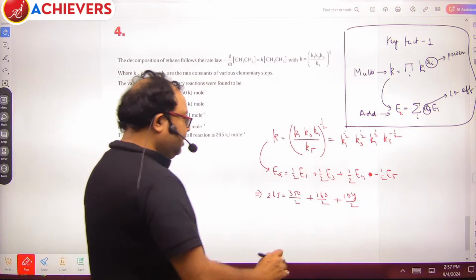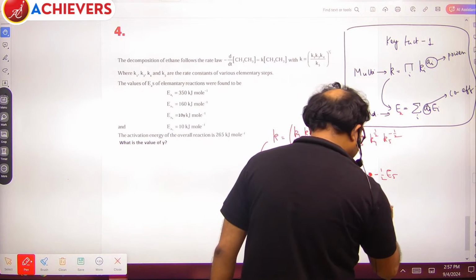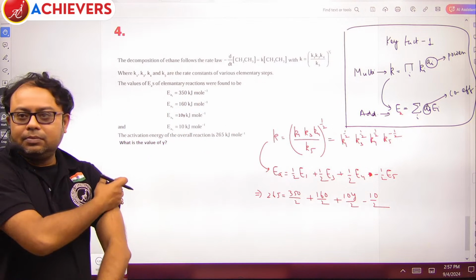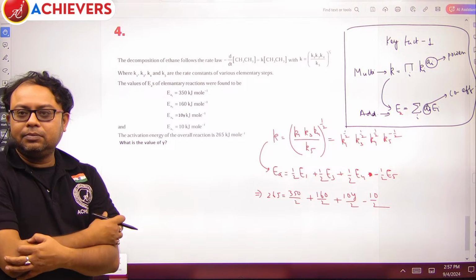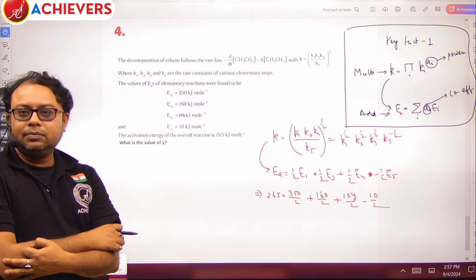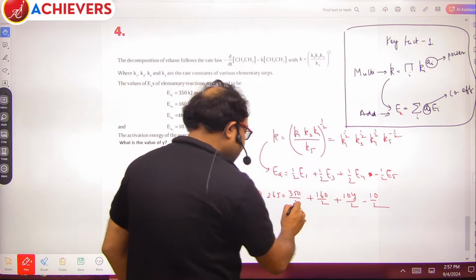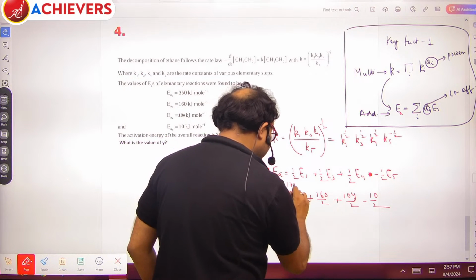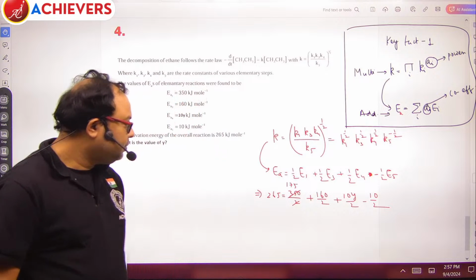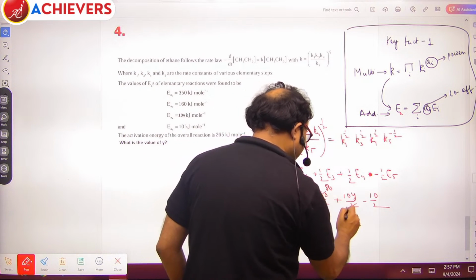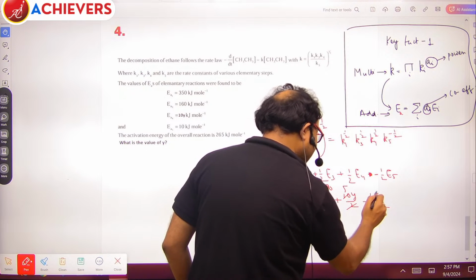EA5 is given 10, so minus 10 by 2. So if you cancel this, it becomes 175. If you cancel this, it becomes 80. If you cancel this, it becomes 5. If you cancel this, it becomes 5.